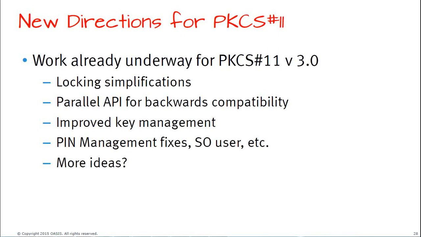So we are looking at a possible parallel API, so we would have backwards compatibility, and all the new functionality would be added in the newer API, and that would be lighter weight, easier to get going, and easier to get started up. We want to have improved key management, better PIN management fixes, and we're open for new ideas, so we are always looking for new committee members, people who are interested in cryptographic standards, who are users of PKCS 11 or would like to be.